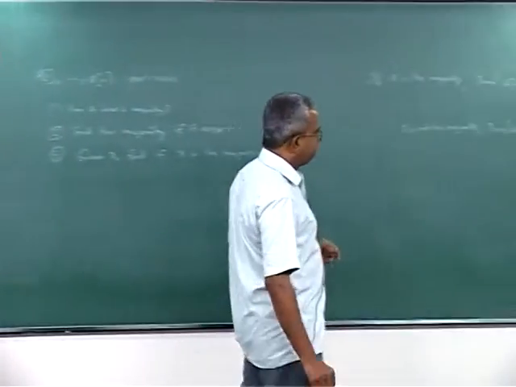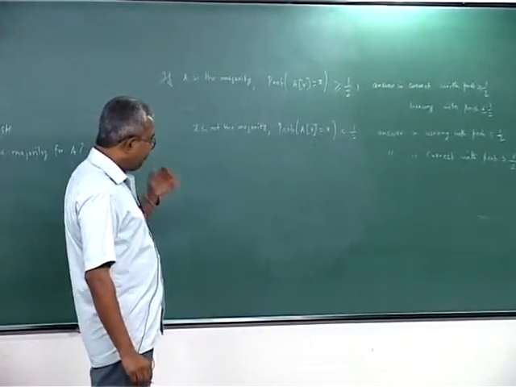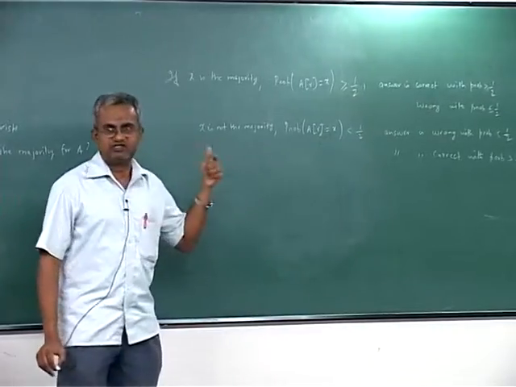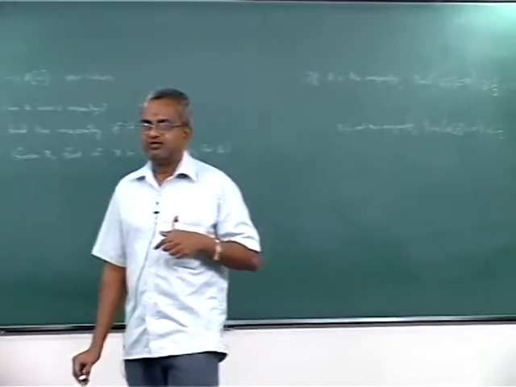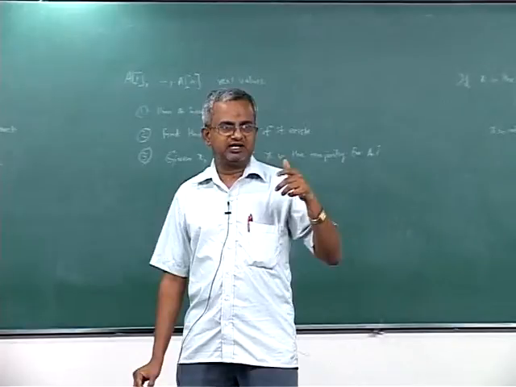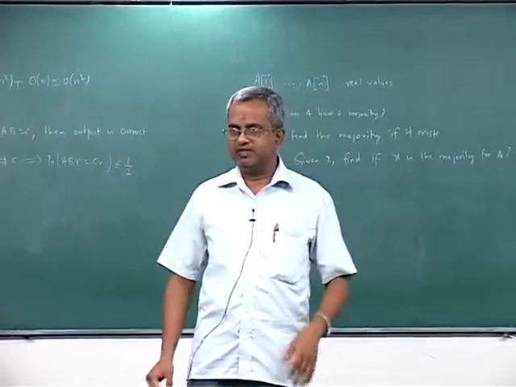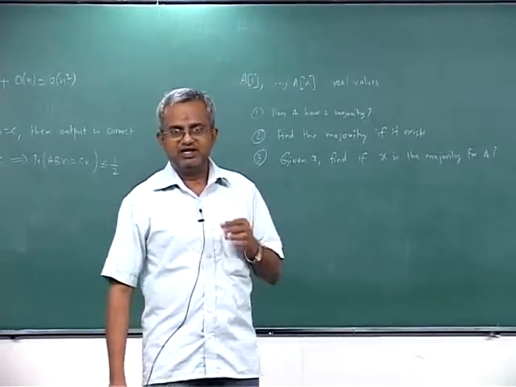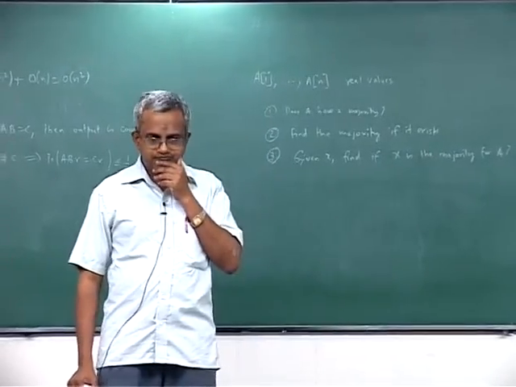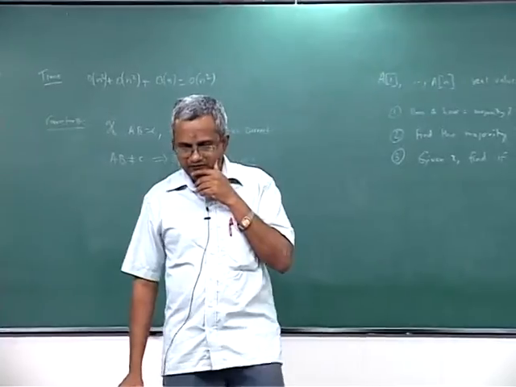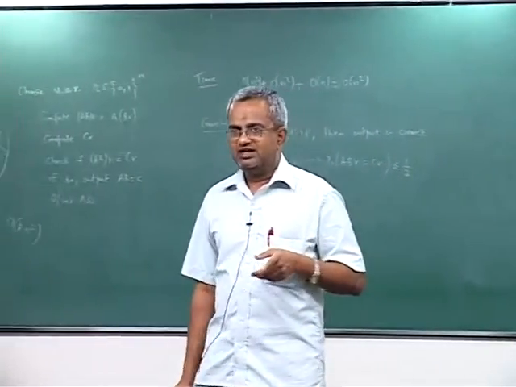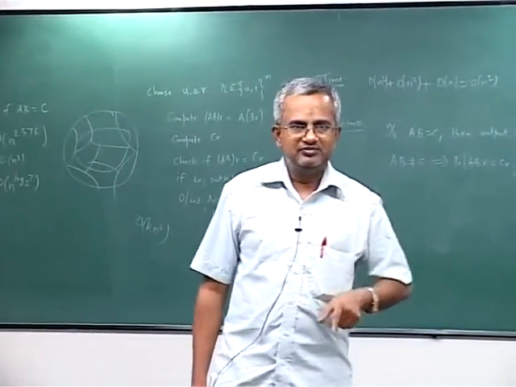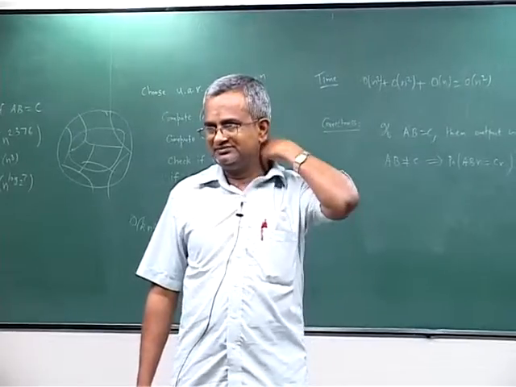Now, of course, you can boost the success probability of these by repetition. Again, you can think about these very similar to what we have done here. But the point here is, even if you are able to boost it, there is no way that you can be absolutely sure of the answer.